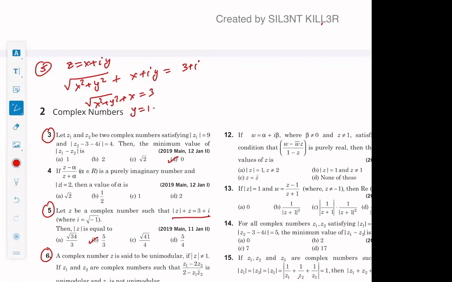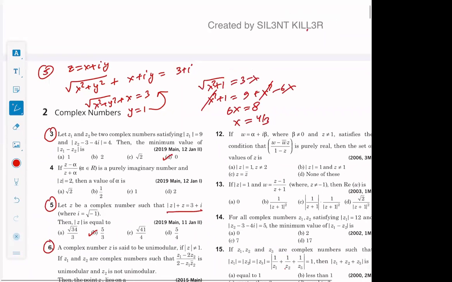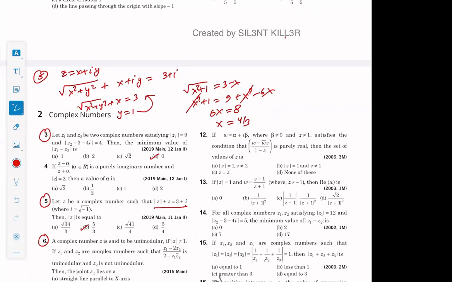If I put y equal to 1 in the first equation, I will get the square root of x square plus 1 is equal to 3 minus x. Square it, so 9 plus x square minus 6x, and x square will cancel out. 6x is equal to 8, so x is equal to 4 by 3. So basically I have got x and y. So z will be x plus iy, that is 4 by 3 plus i.